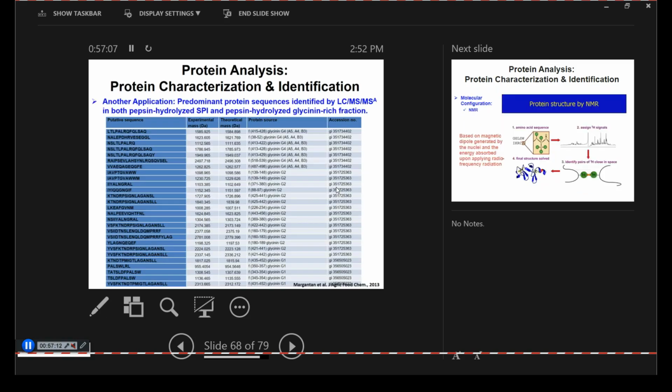So we did LCMS, and okay, big table, but basically we looked at peptides that were common in both fractions, the pepsin hydrolyzed fraction and the pepsin hydrolyzed glycinin enriched fraction, and the same for papain. And we found an overlap in the peptides that were generated, whether we had the entire soy protein isolate or whether we hydrolyzed the fraction of it.